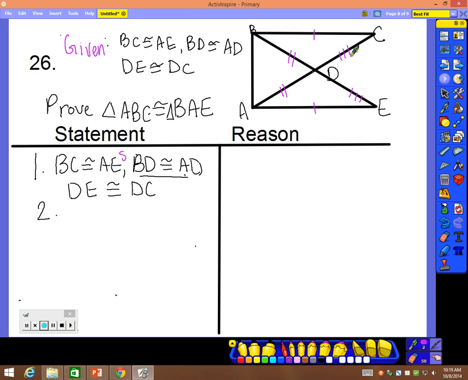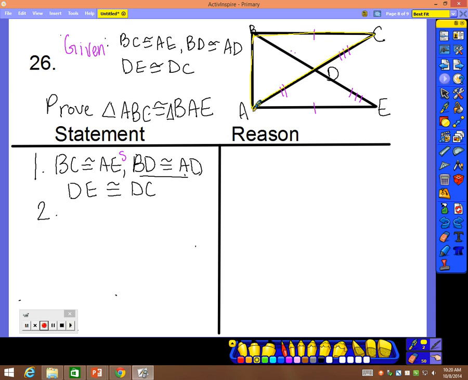That would work if I were trying to find triangle BDC, but I'm actually not. Let's look at the triangles that I'm trying to find. ABC, so A, B, C, this triangle here.